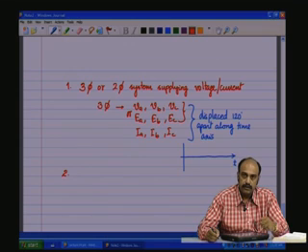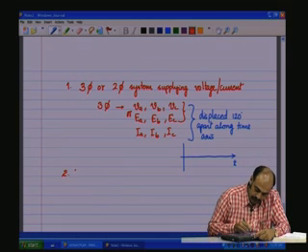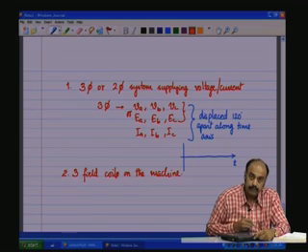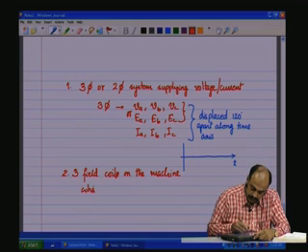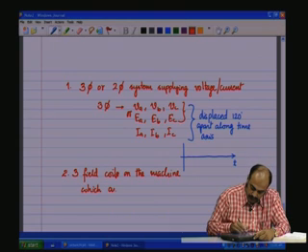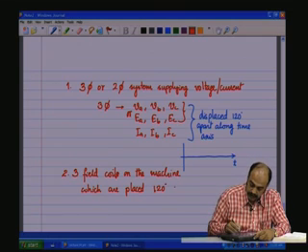There should be three field coils on the machine which are placed 120 degrees apart in space.